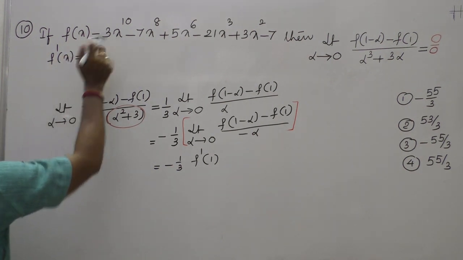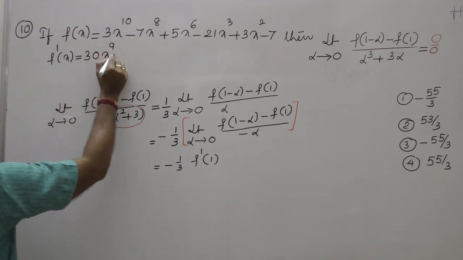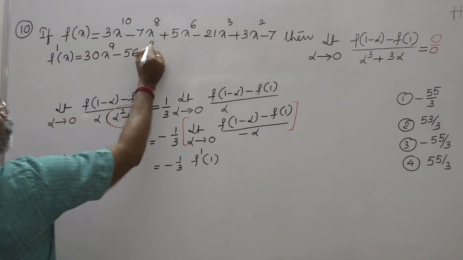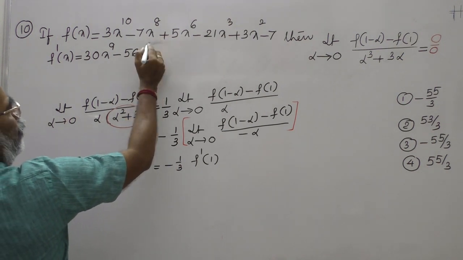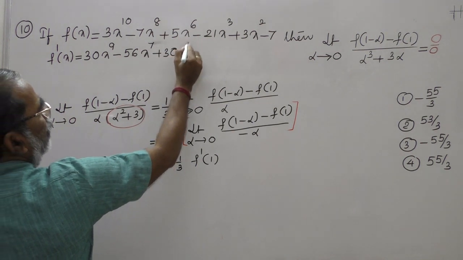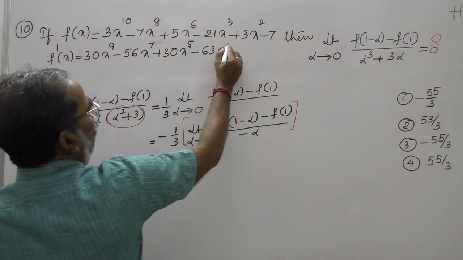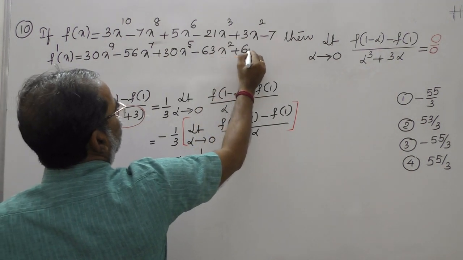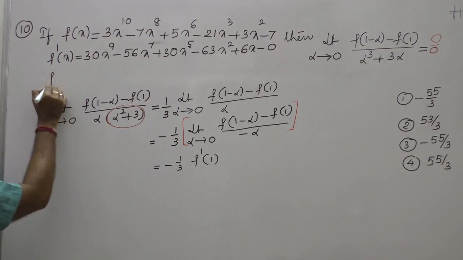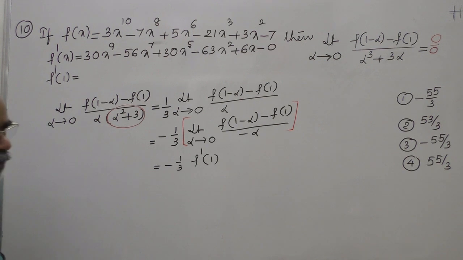If I write f dash of x, what is this? 30 into x power 9 minus 56 into x power 7 plus 30 into x power 5 minus 63 into x square plus 6x minus 0. So I can easily get f dash of 1 from this by putting 1 in this.